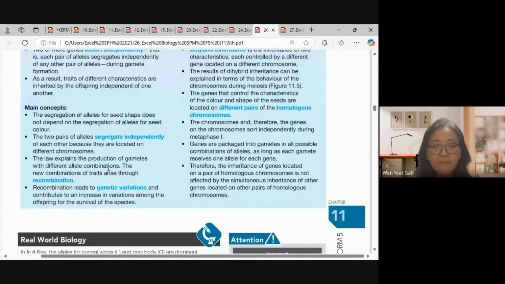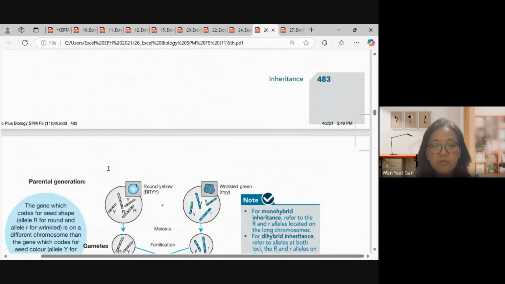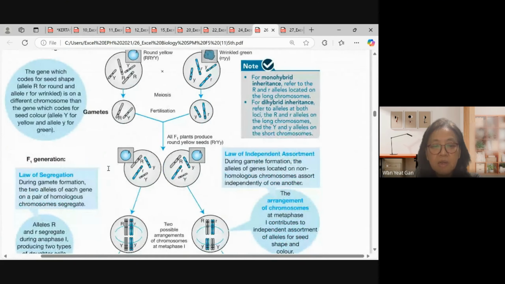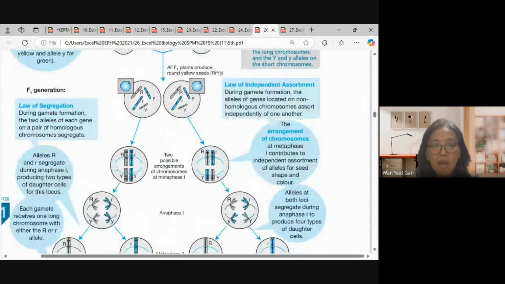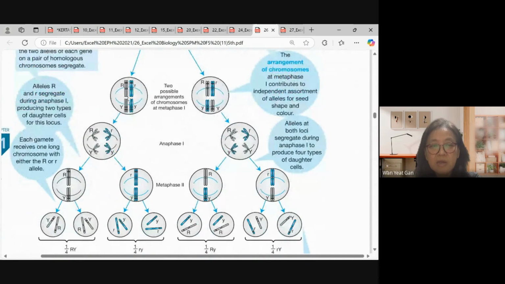For example here, during metaphase 1, the pair of homologous chromosomes can be arranged either in this way or on the right side here.